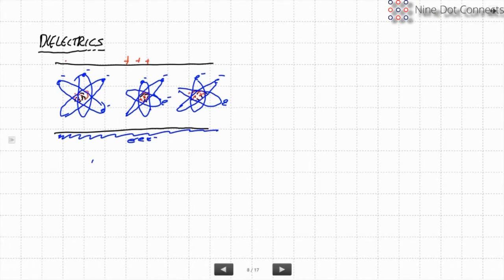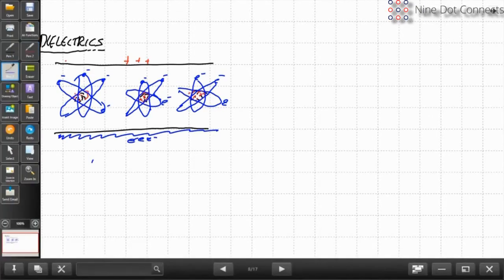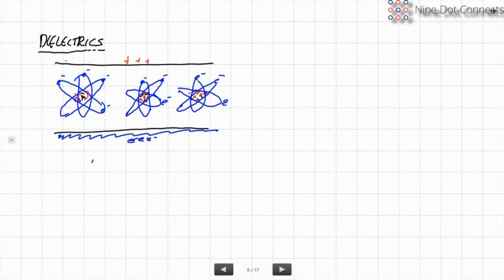Okay, so what ends up happening? There's now an electric field. And the electric field is basically attempting to attract negative or force negative charges towards the top and force positive charges towards the bottom. Well, it turns out the nuclei are fairly well fixed in the crystal lattice, but the electron clouds are not.